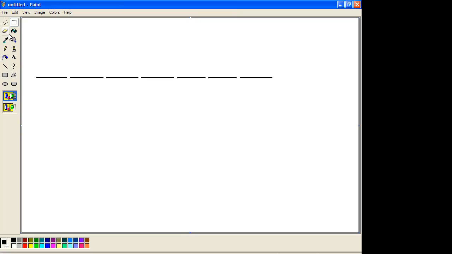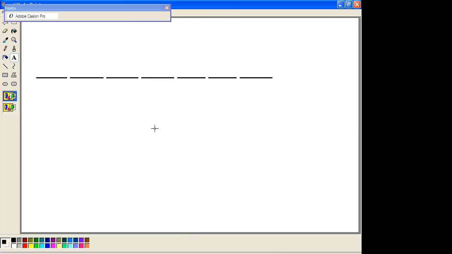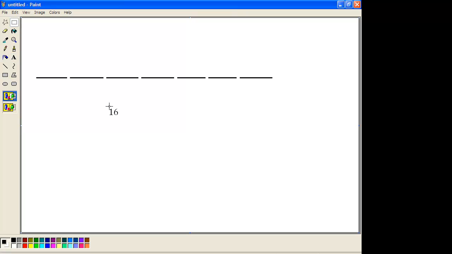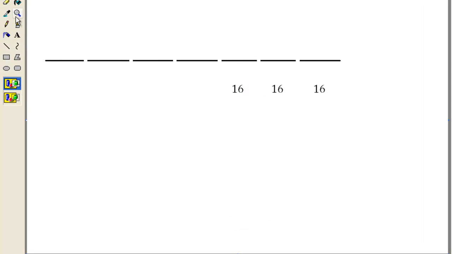Okay, so let's see how this works. Okay, so we're going to need everything in 16 again, just as before. Now, we're really not going to work with a very big number in this case because when we're working at base 16, the place values are going to get really, really big really fast. So this is 16 to the power of 0, 16 to the power of 1, and 16 squared.